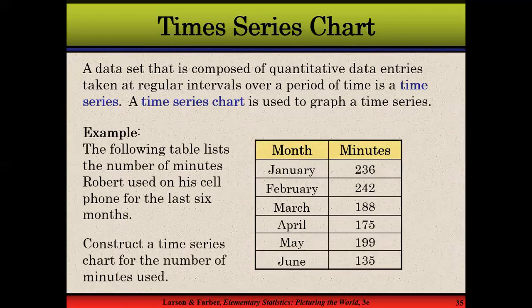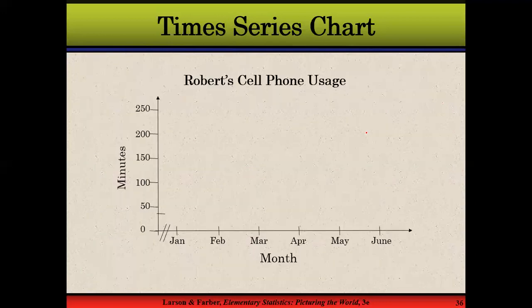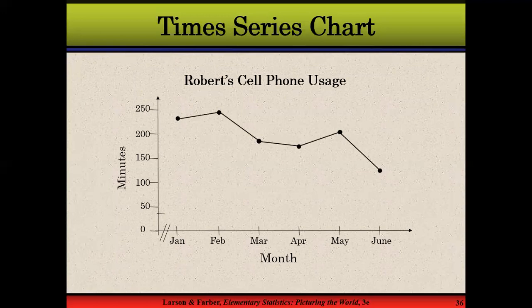For example, you can see we have data where we have months, and with those months we have a corresponding time in minutes. So we can put this information about somebody's cell phone usage in minutes throughout the year in months, and you can see the trend through time.